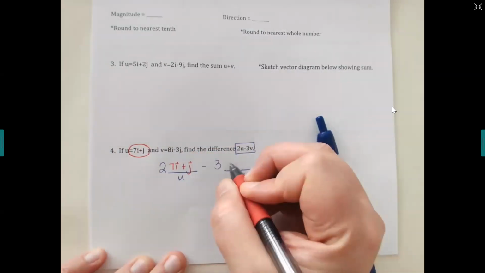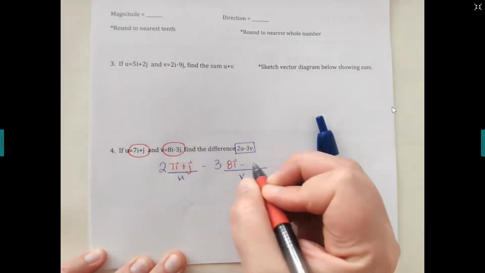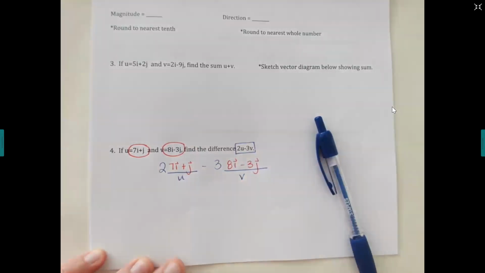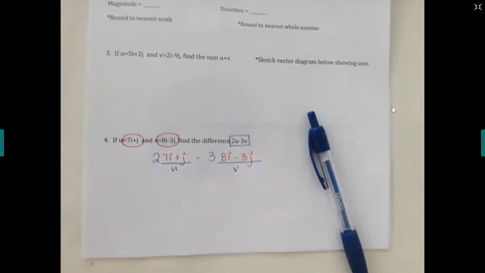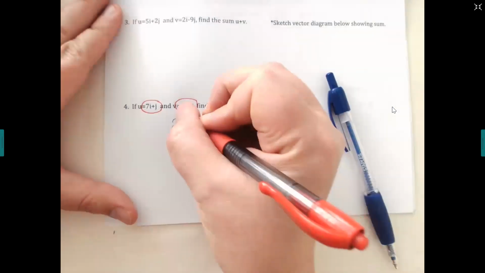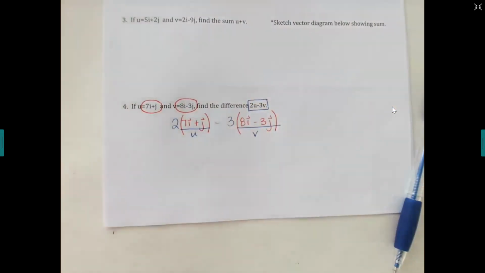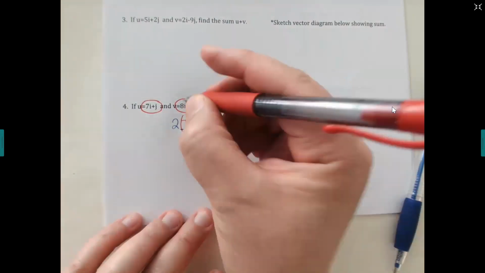My v is 8i minus 3j. If I work this question out the way that it's written, I'm going to get it wrong, because remember that the 2 and the coefficient of 3 need to be applied to both components of the vector. So to show that, you're going to use parentheses.